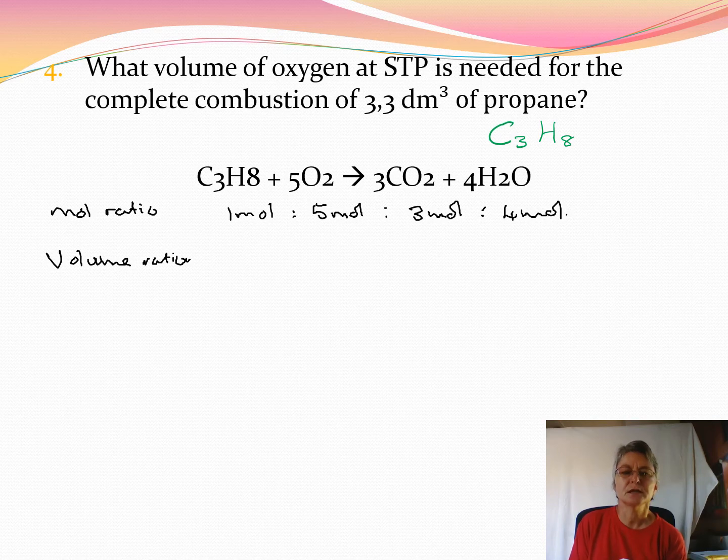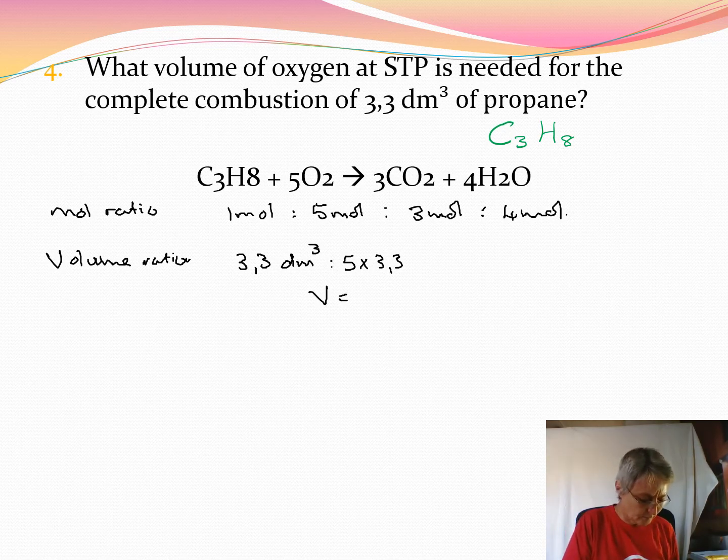So if they say 3.3 cubic decimeters of propane, then it's 5 times 3.3 cubic decimeters of oxygen. So the volume of oxygen is 5 times 3.3, which is 16.5 cubic decimeters.